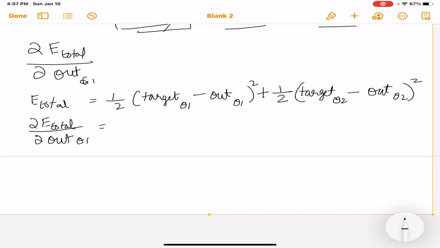So that is equal to, so again, I assume you are familiar with the partial derivation.